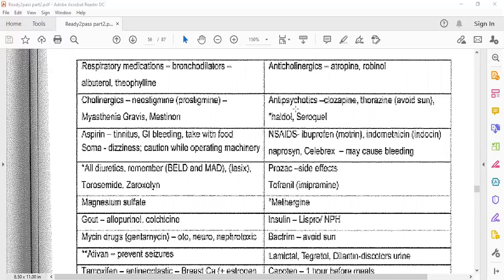My friend, what is psychosis? Psychosis includes delusion and hallucination. What is hallucination? What is delusion? It is a false belief. When a false belief comes with perception, it is hallucination, right?